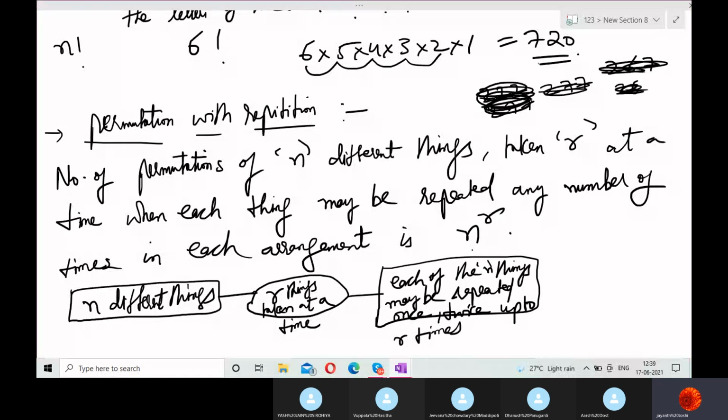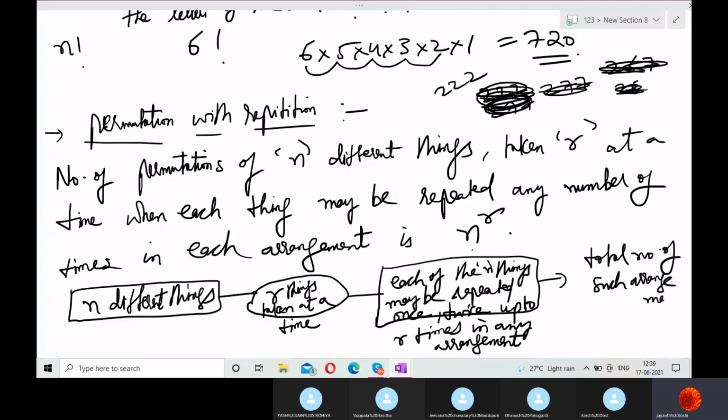That means if you are making a 3-digit number, with 222 I can make it in any arrangement. So the total number of such arrangements is n power r. All of you make a note of this.